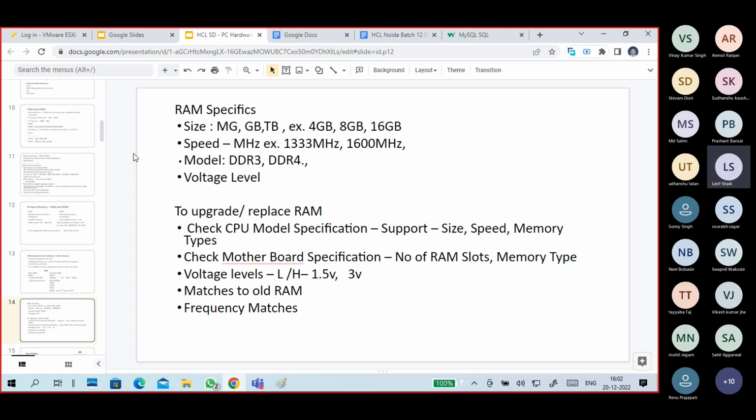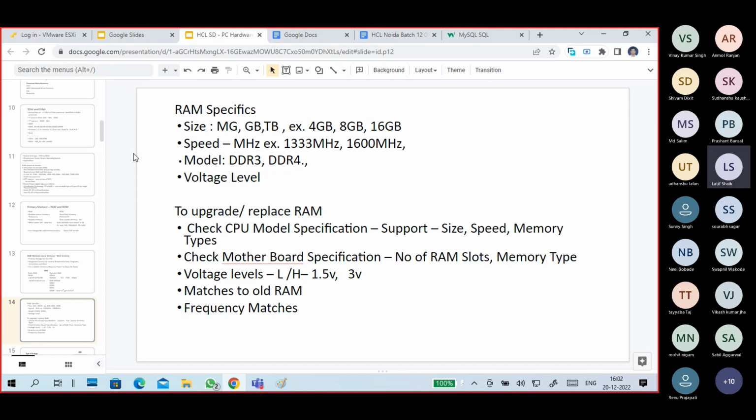You cannot replace DDR3 with DDR4 or DDR4 with DDR3. Not supported. And also the CPU support, like the maximum size supported, the clock speed supported, and the memory type supported, is based on the CPU. And voltage levels are based on your motherboard. Voltage levels also matter, so depending on that you have to choose.